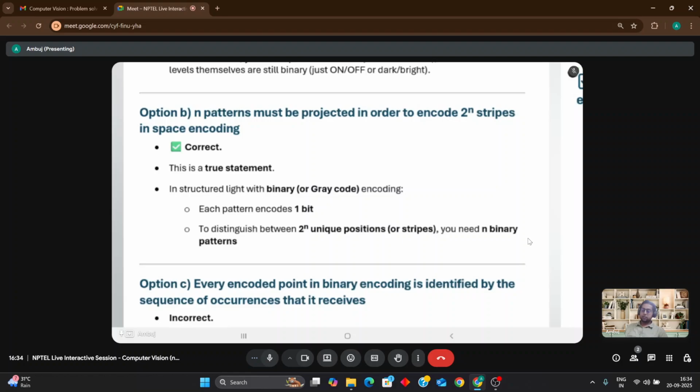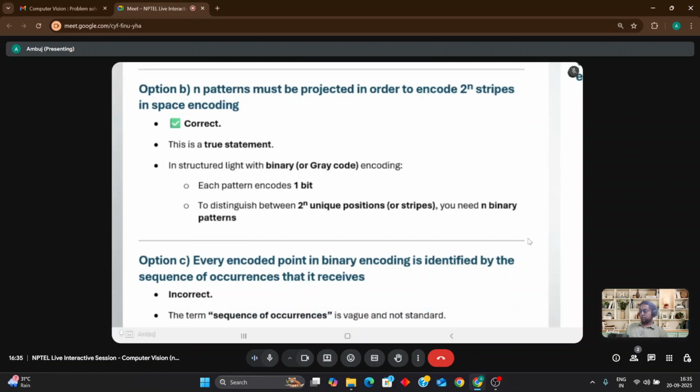This statement is 100% correct. Why so? Because in structured light with binary encoding, each pattern will have one bit encoded. So to distinguish between 2 raised to power n unique positions, you need n binary patterns. So this statement is true.